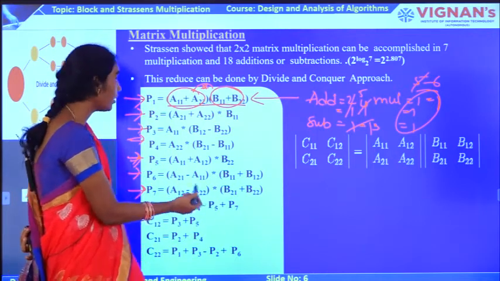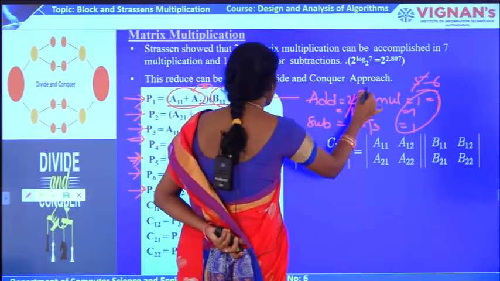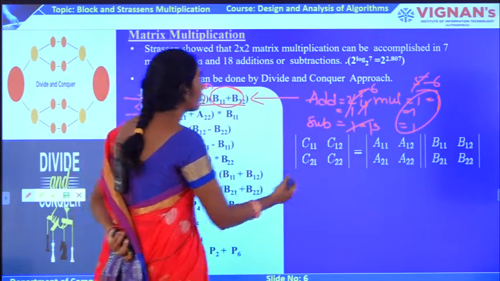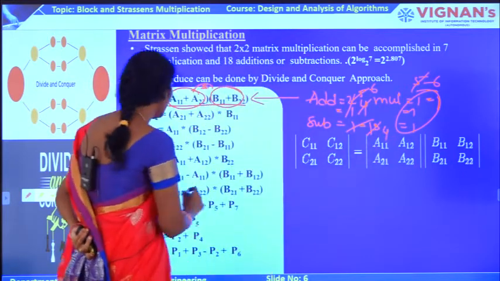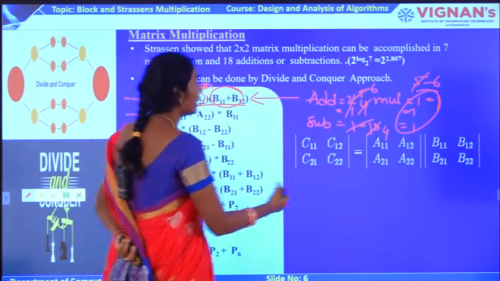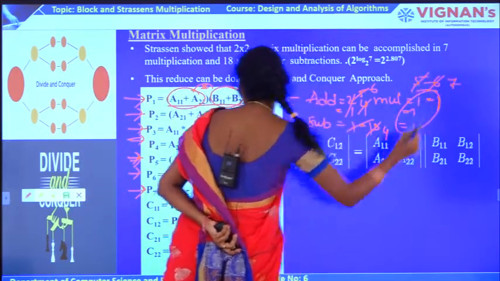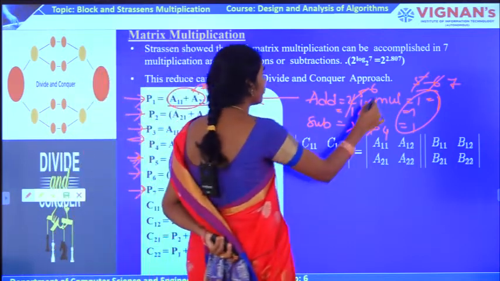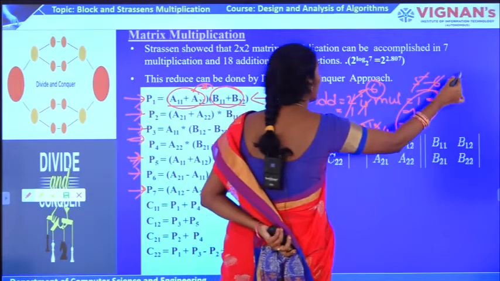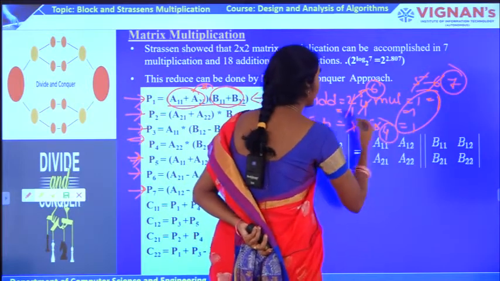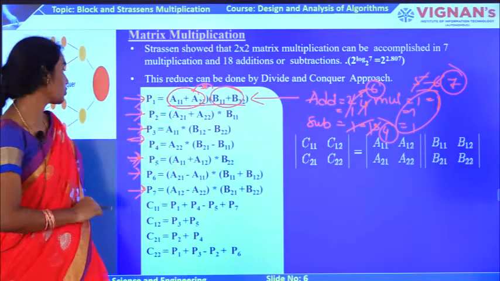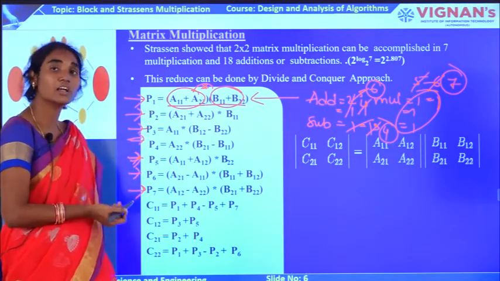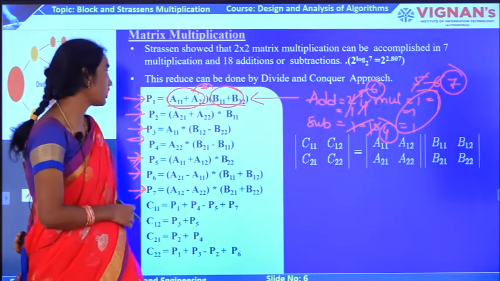Here I will have 1 addition, so the number of additions performed is 6, the number of subtractions is 4, and the number of multiplications is 7. So to compute P1 to P7 we performed 6 additions, 7 multiplications and 4 subtractions, whereas previously I required 8 multiplications, and now it is reduced to 7.